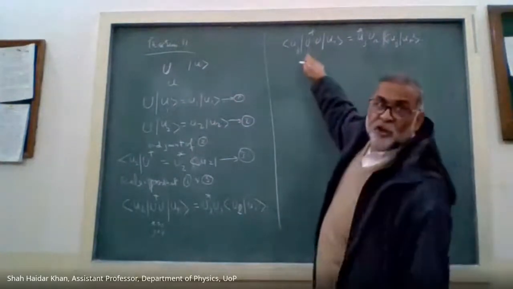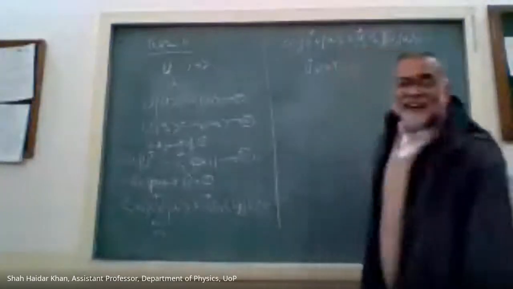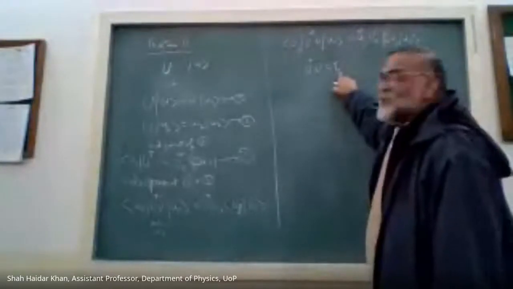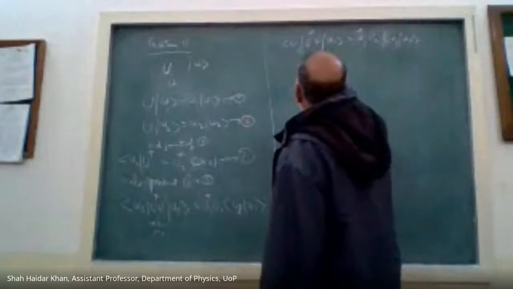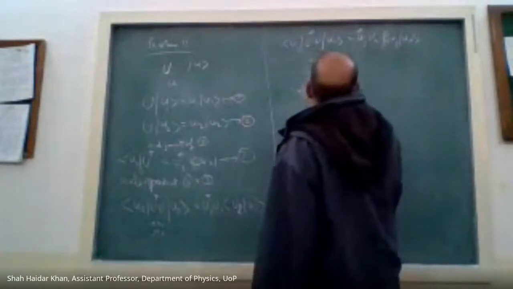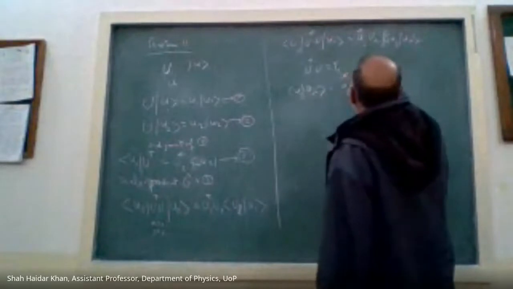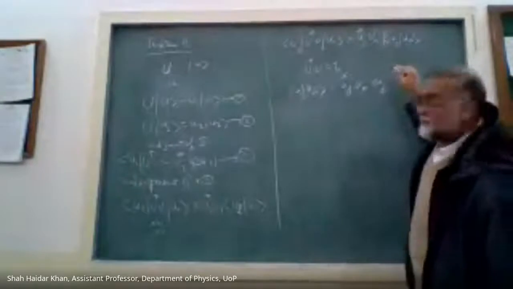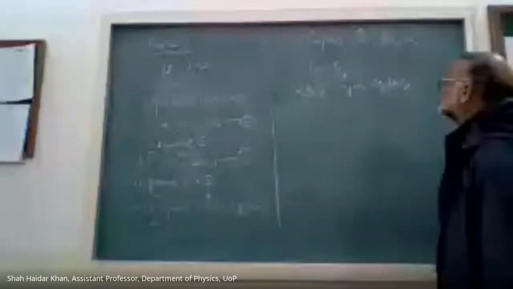Now we know that U dagger U is the identity matrix. So we can write this as u_j and u_i is equal to u_j star u_i times u_j and u_i.